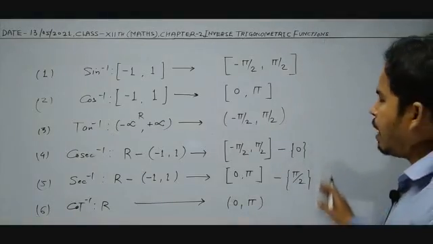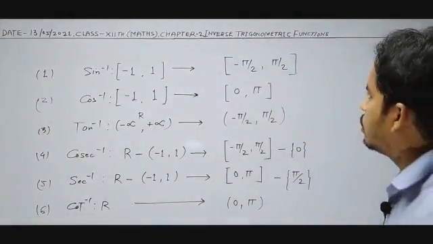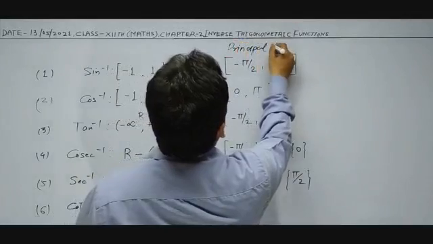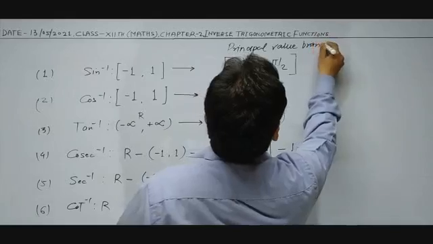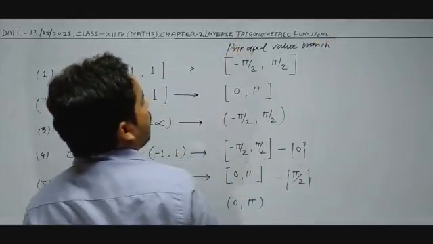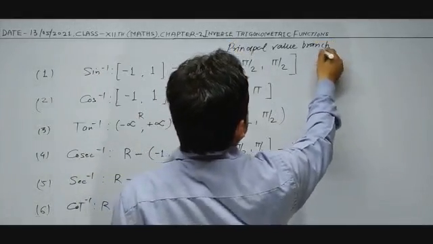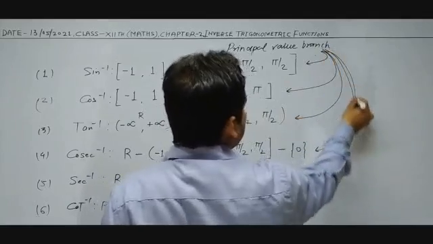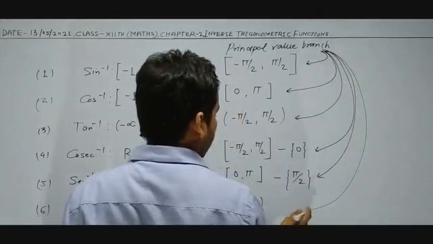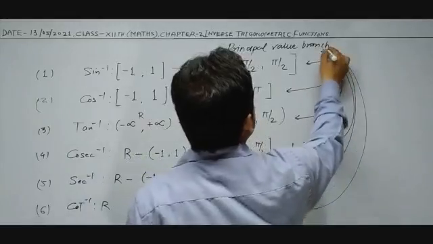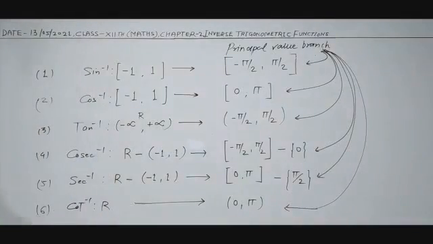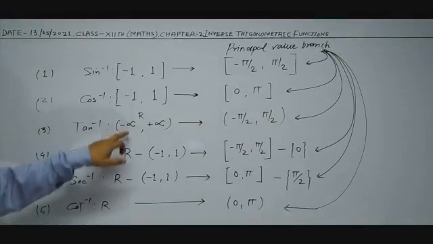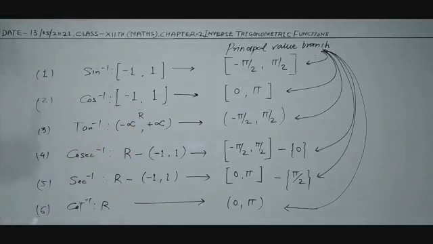So this is the principal value branch of all inverse trigonometric functions, and this is the domain part, and R denotes the real number.